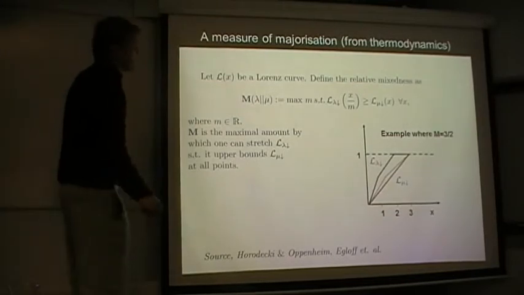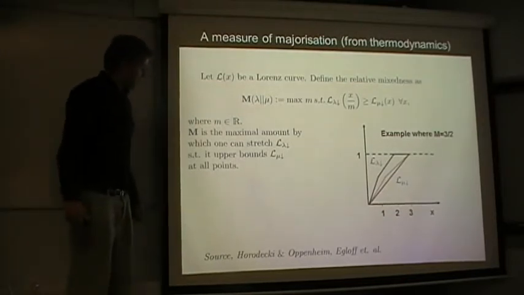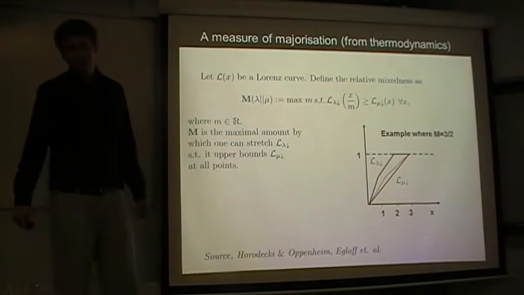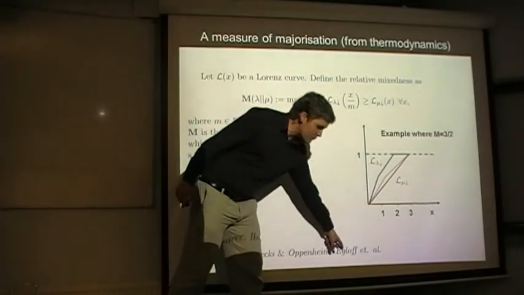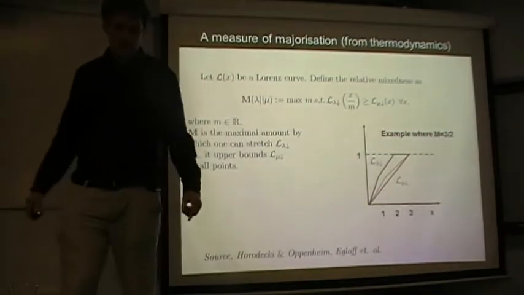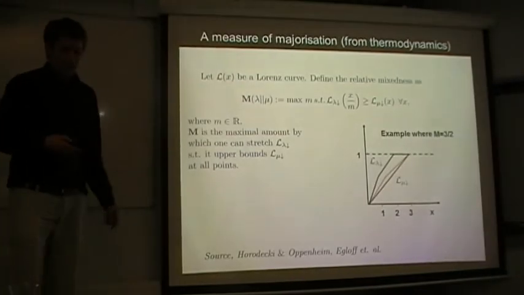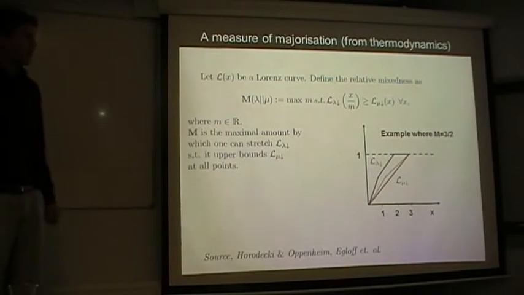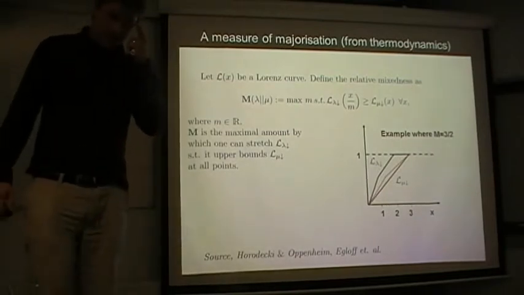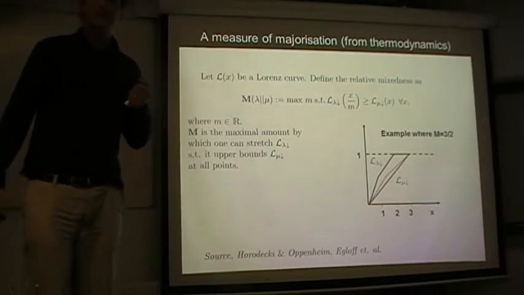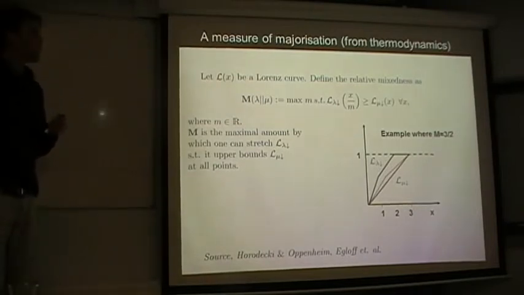Okay, so here is, when we were working on thermodynamics, and this is Daria Egloff and me and Renate Renner and Vlatko Vedral, a measure of a way of putting a number to how much something majorizes something else came up.